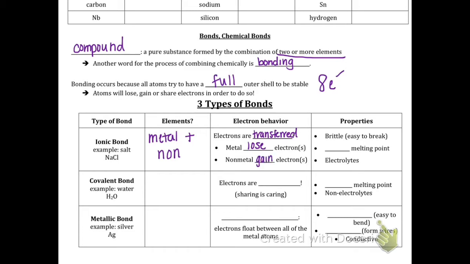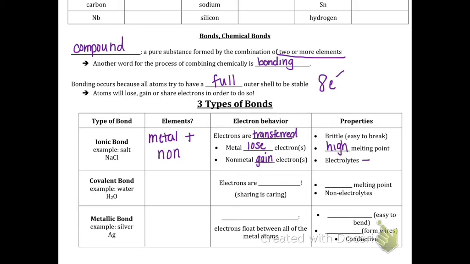So it's like a win-win. One man's trash is another man's treasure. Some of the properties that ionic bonds have is that they're brittle, they have a high melting point, and they're also called electrolytes. We'll talk more about electrolytes next semester, so don't worry too much about that word.